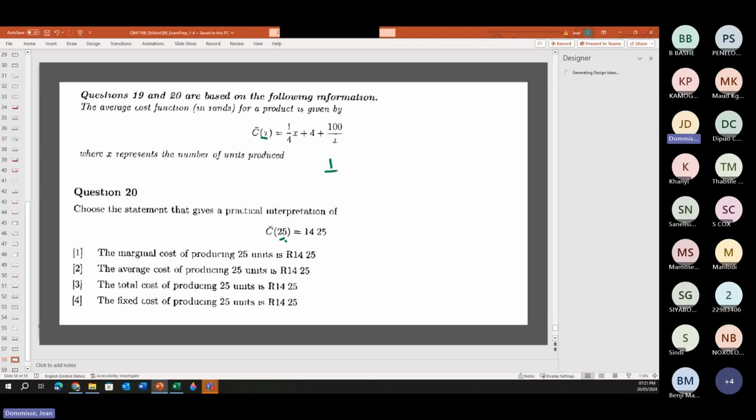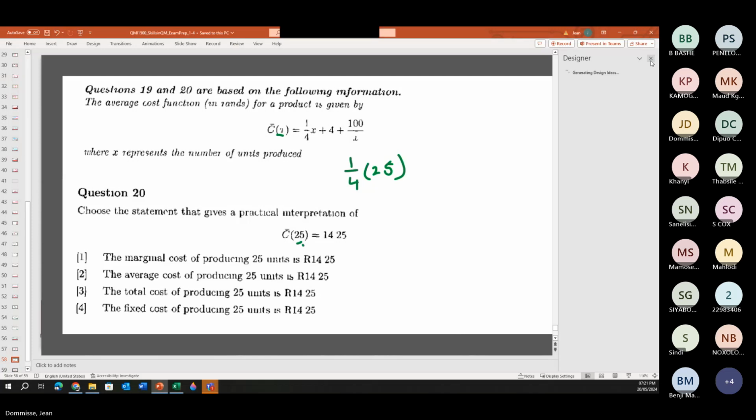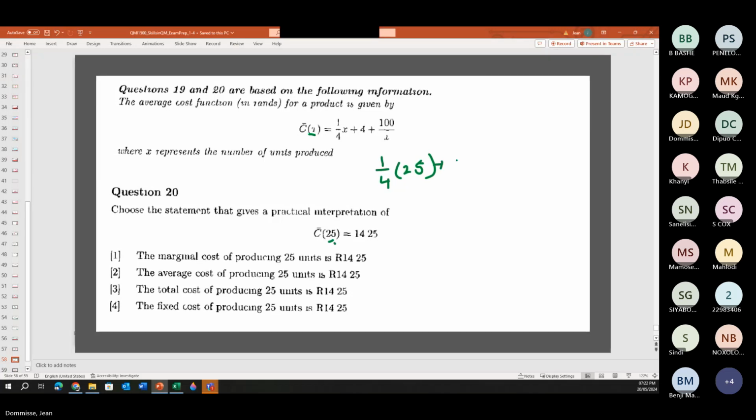So you would have a quarter times 25 plus 4, plus 100 divided by 25. You would just replace all the x's with 25.